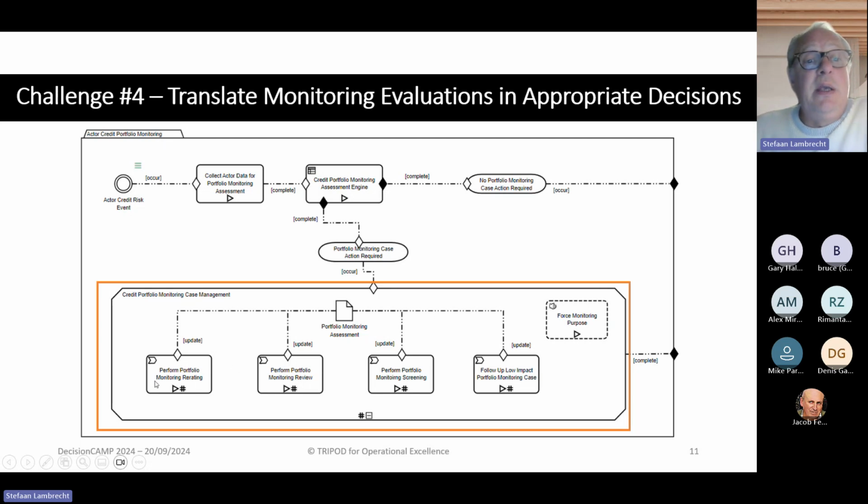And then we kick off BPMN processes, which will usually consist of handing a case to a credit risk analyst who will do an assessment. He will get all the information coming from this engine, which will help him in doing the assessment.